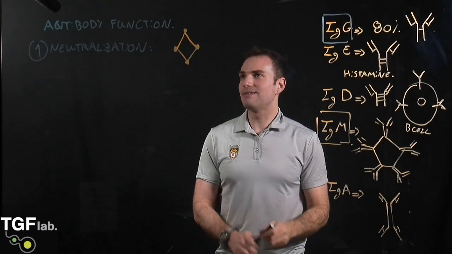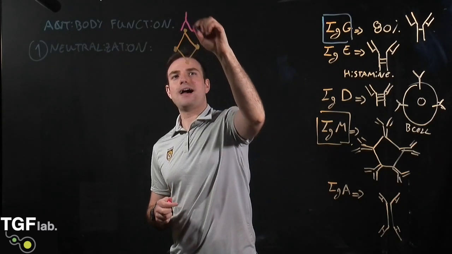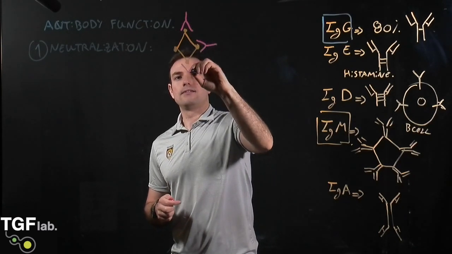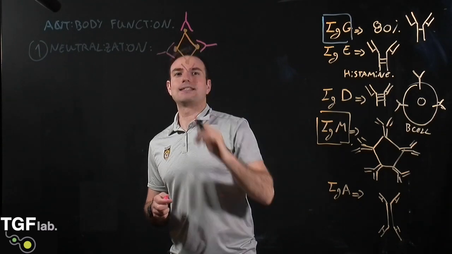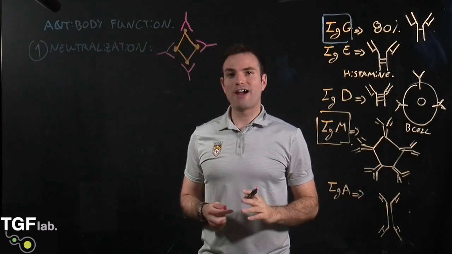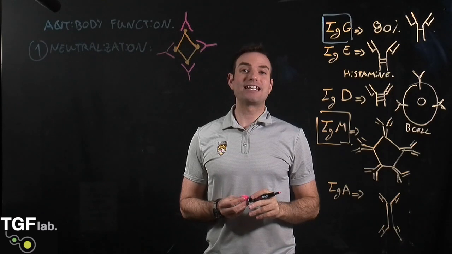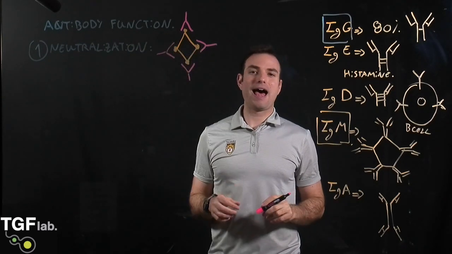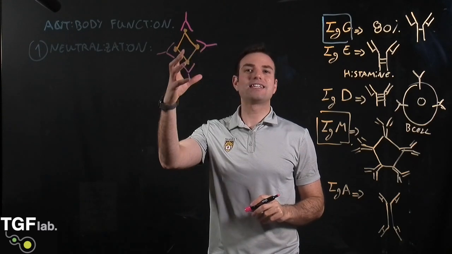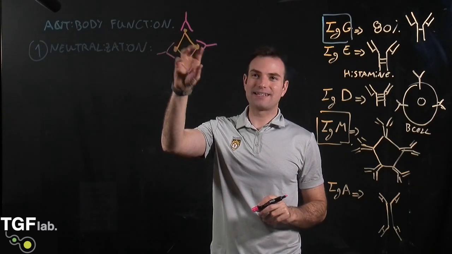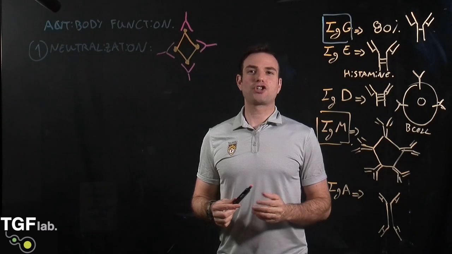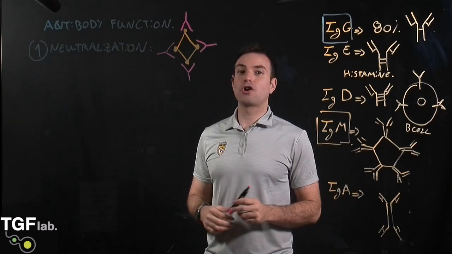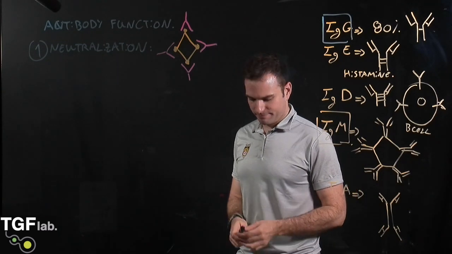The antibodies are going to bind to these antigens, so the bacterial toxins or the virus cannot bind to other tissues or cells in our body. So it's going to neutralize the antigens, and this is going to prevent the binding or the interaction of the viruses or the bacterial toxins with other cells in our body.